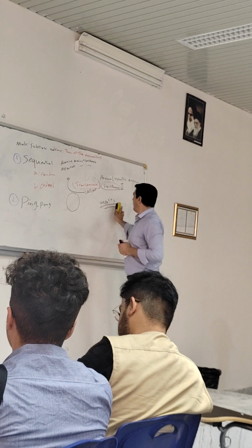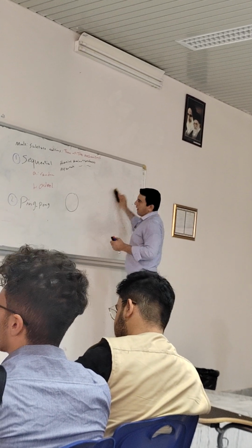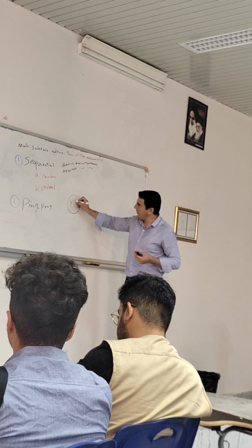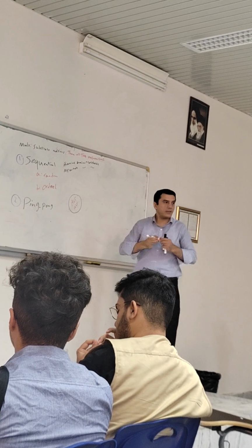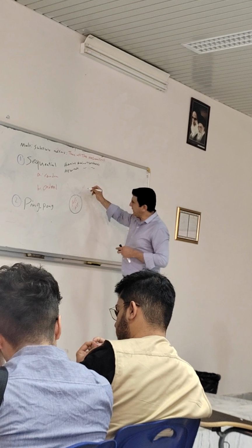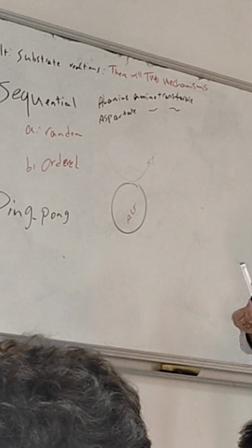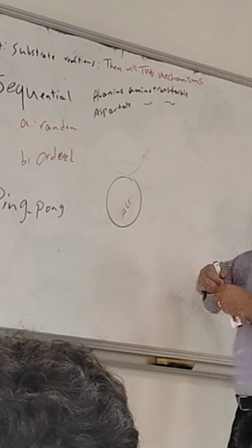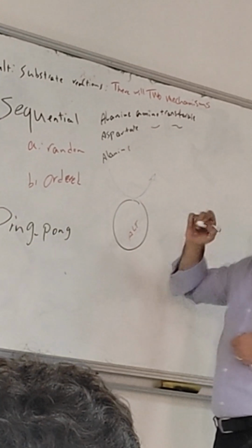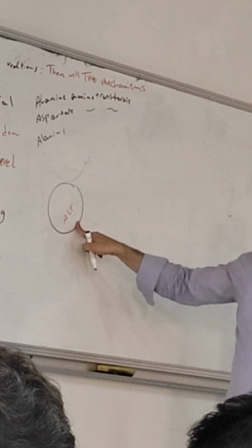Let's get back to the enzyme reaction and the ping-pong mechanism. In the ping-pong mechanism, this is the enzyme, for example AST or ALT. The first step, for example in ALT: alanine, which is an amino acid, enters the enzyme active site.